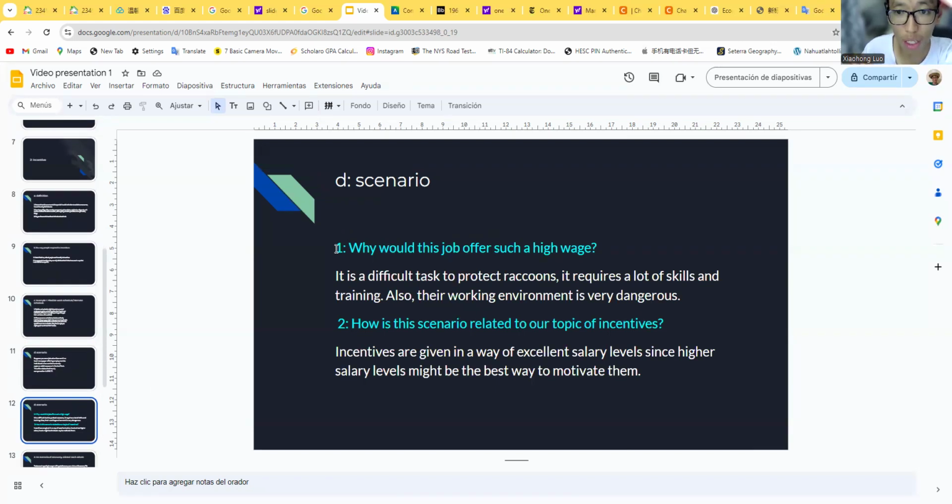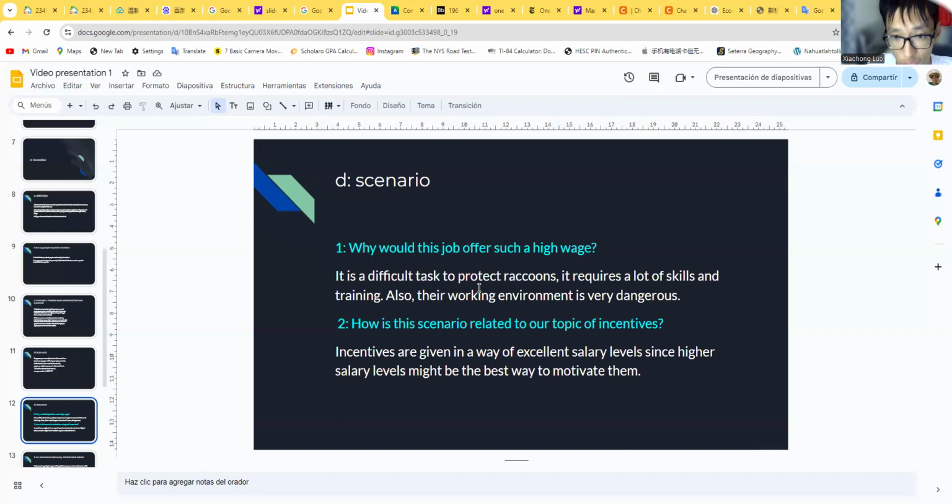So I would say this shop offers such a high wage because it is a very difficult task, not only for them but for everybody.